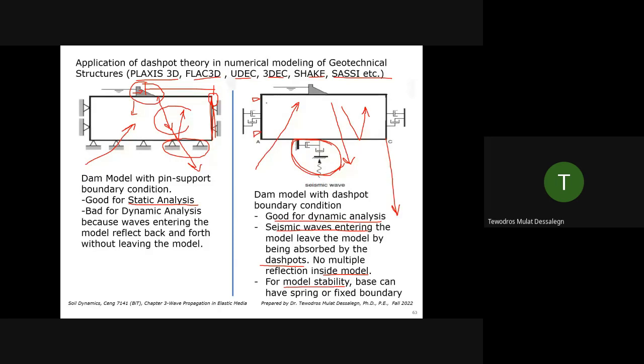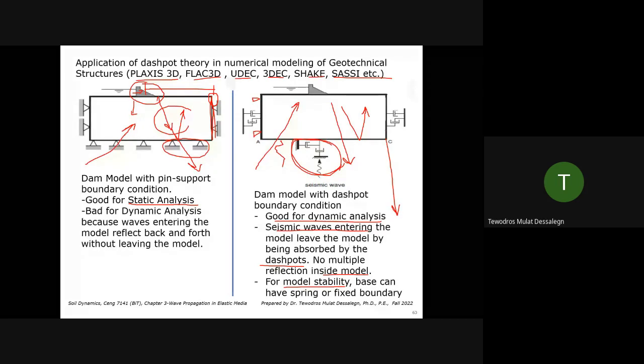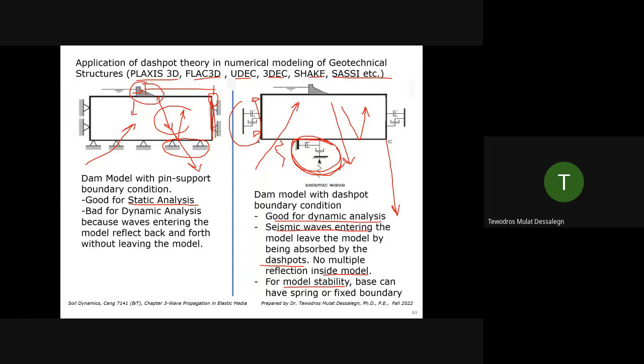Depending on your model size, you can have spring supporters, or you can have pin supporters, fixed boundaries, anything for model stability. But if you're doing dynamic analysis, make sure you have these dampers so they absorb the energy trying to come out. So if you get a chance in the future to do this dynamic analysis, you will see dampers, and that's the reason behind it.